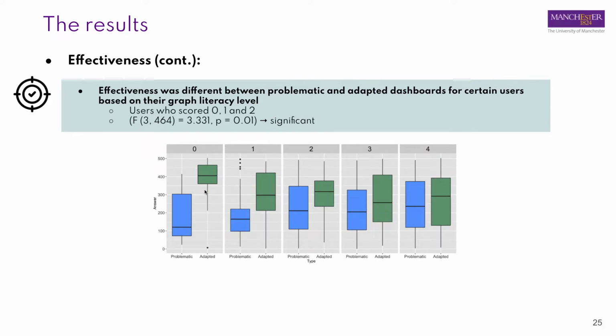Lastly, for effectiveness, we found significant differences for users on the lower end of the graph literacy scale. Those who scored 0, 1, and 2 improved significantly on the adapted dashboards compared to the problematic ones. Those on the higher end of the scale improved, but not significantly.